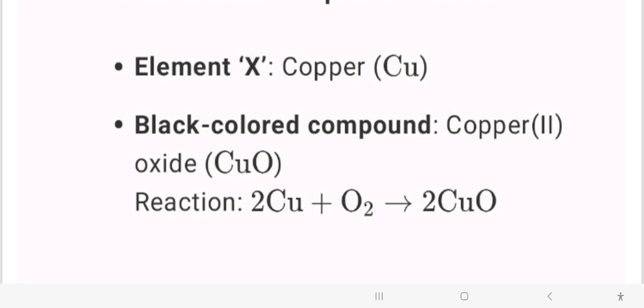You will observe all this in higher studies, but for now you assume that when abundant oxygen is present and proper heat energy is supplied, then you are going to observe CuO as the material that is going to form.